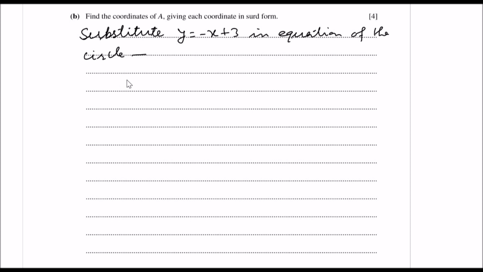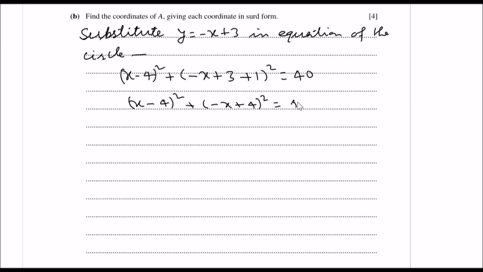What will you get? (x minus 4) whole square plus (-x plus 3 plus 1) whole square, equal to 40. So we write (x minus 4) whole square plus (-x plus 4) whole square equal to 40.